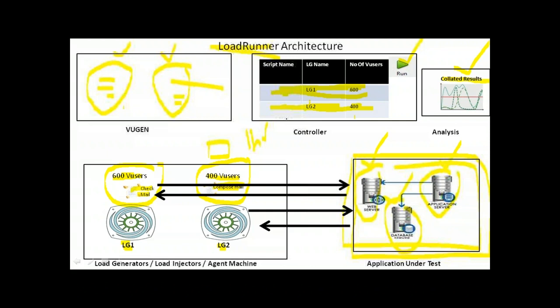Otherwise, if there is an issue, you send it to the bottleneck analysis. Performance engineers, developers, network admins, system admins and database admins all sit together and start figuring out what the issue is and pinpoint the bottleneck. We have discussed how we will do that.